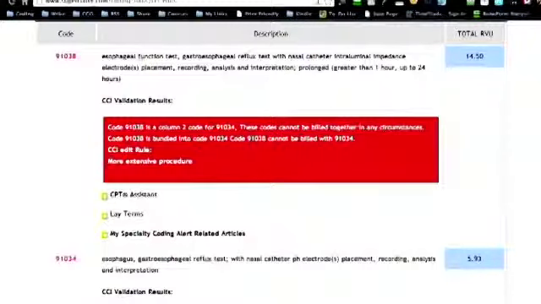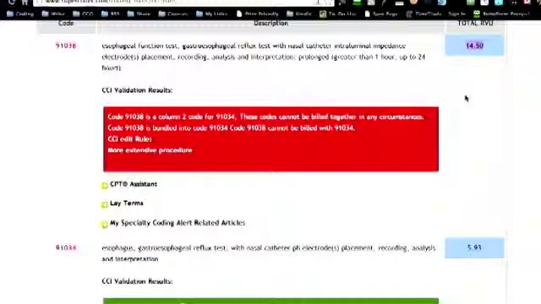So basically what I do is I look at the RVUs. This one is worth 14.50 RVUs. This one's worth 5.93. So depending on where you live, this gets multiplied times a conversion factor to come up with a dollar amount. So the higher the RVU, the more money the code is worth. So when I have it between 2 codes, I will normally go with the higher code, the 91038, because it's worth 14.50 RVUs.